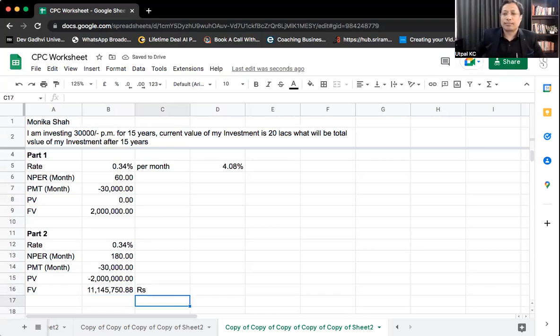Understood? Clear? Happy? But we'll see, right? I don't know whether it's good, bad or ugly. Now, suppose you get proper knowledge of mutual fund investment.